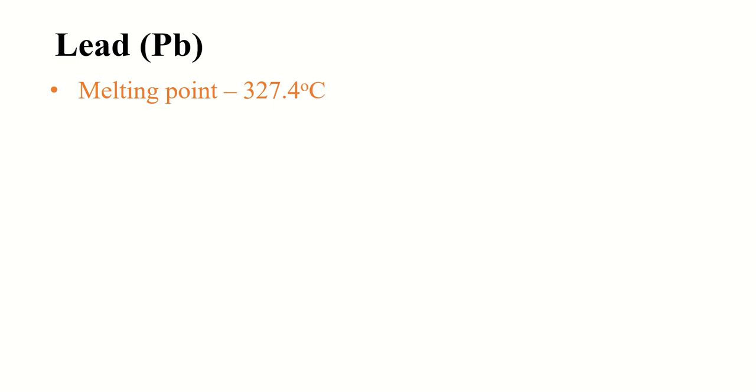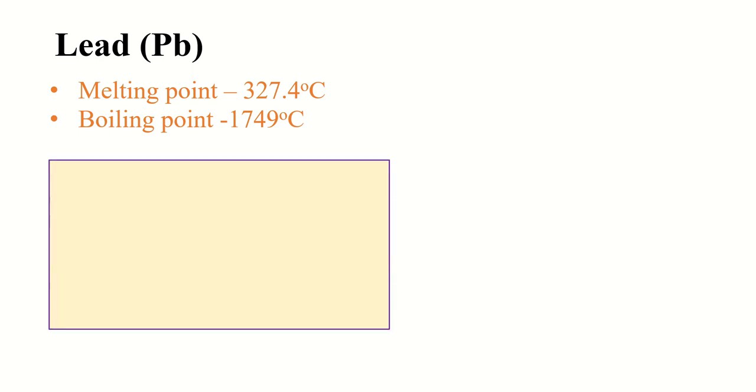Lead also has a very low melting point, so it is used for the formation of solders, combined with the tin. So boiling point is 1749 degrees centigrade. In solder making, this application is very important.